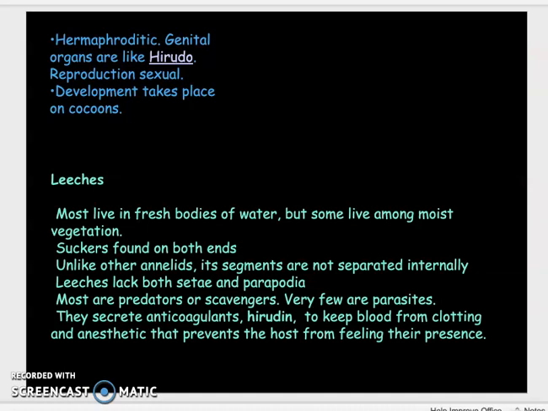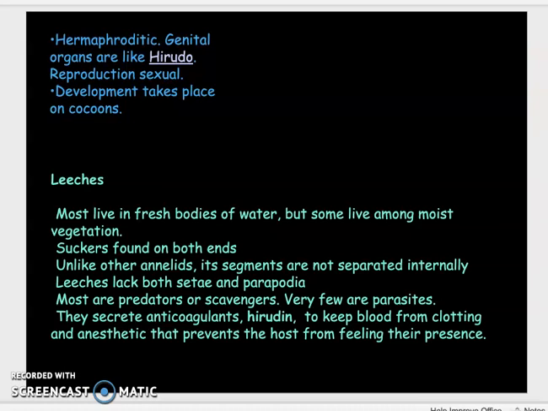Then about the leeches, they live in freshwater bodies, and some live in moist vegetation. These suckers are found on both sides. Unlike other annelids, their segments are not separated internally, and these leeches lack setae and parapodia.